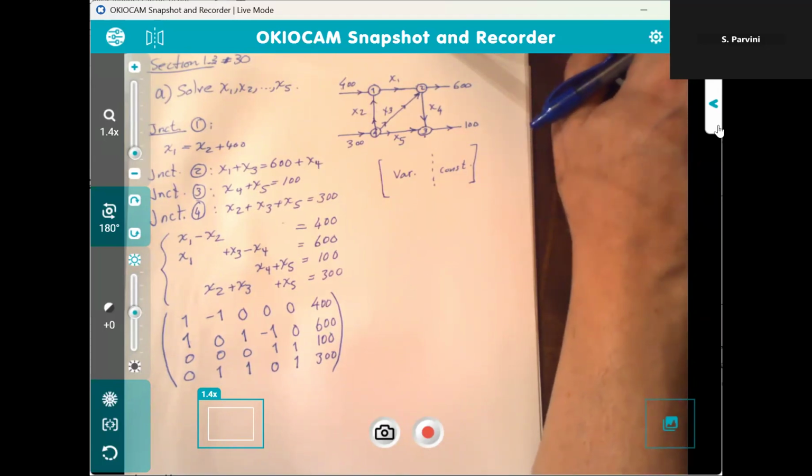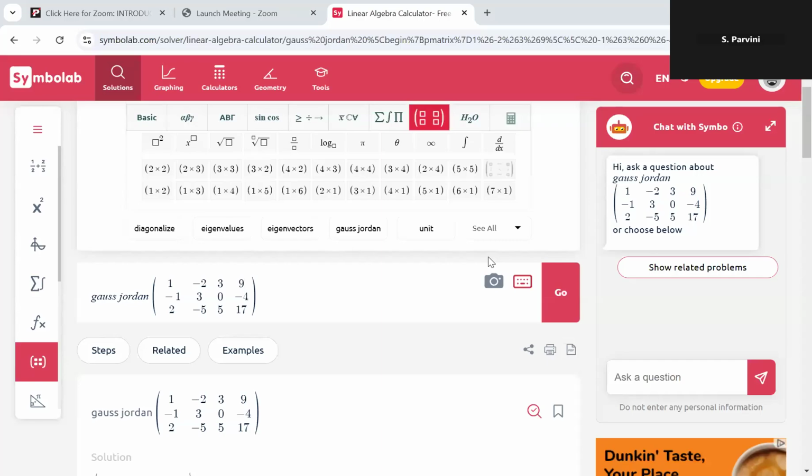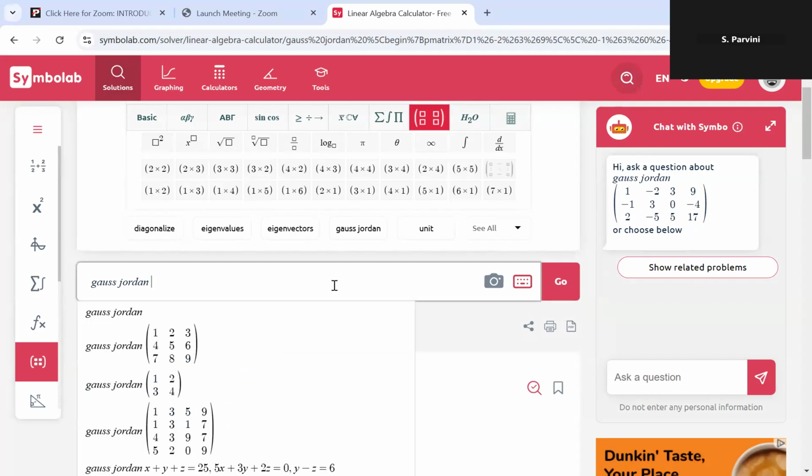So I'm going to have to stop this and change my share with you. Stop share. And let's share to Symbolab. All right. And so I'm in Gauss-Jordan. I'm going to delete that matrix.